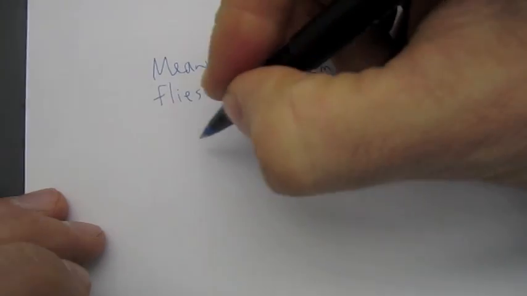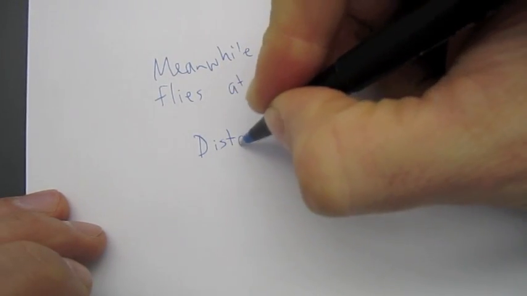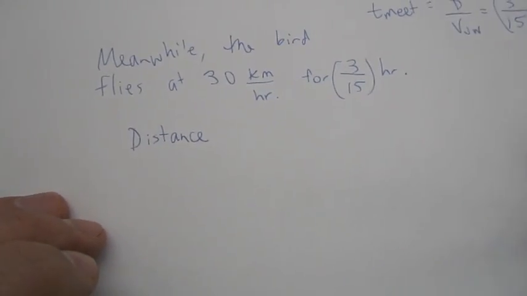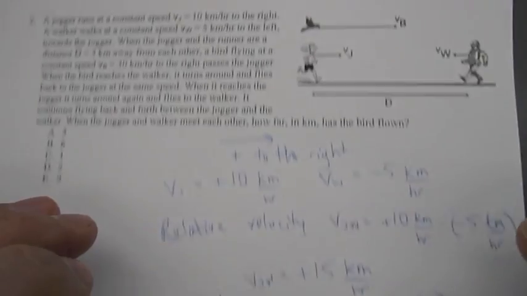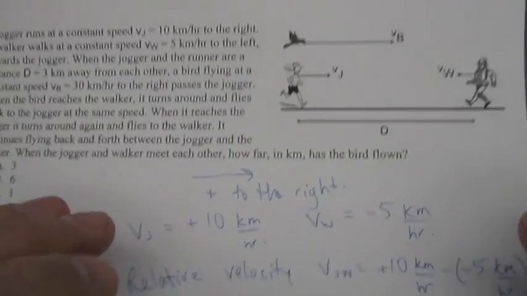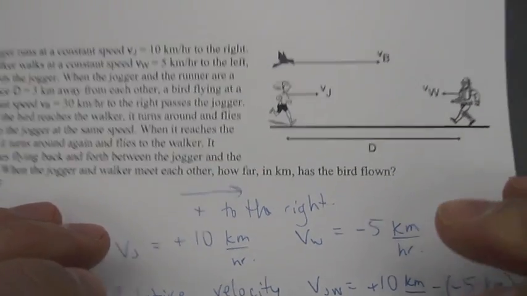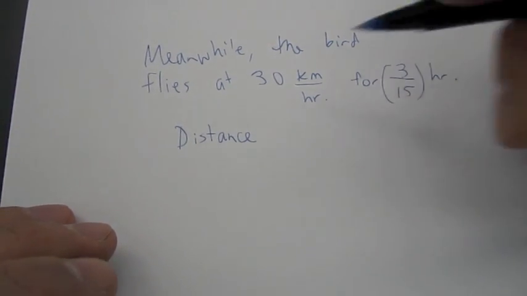So the distance traveled by the bird, it doesn't matter that it's going back and forth, because I guess we just assume that it instantly changes its direction every time it meets one or the other. So it's going back and forth, but at all times it's traveling at this speed of 30 kilometers per hour.